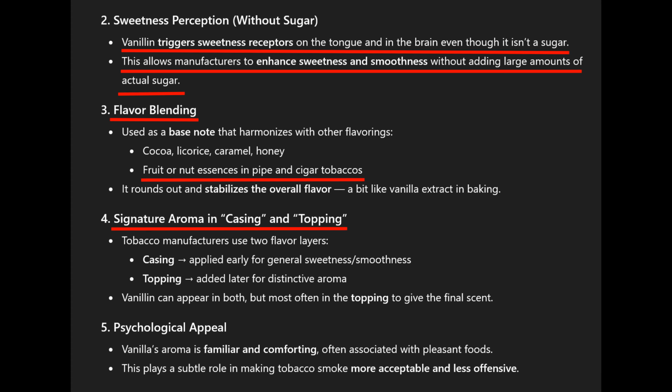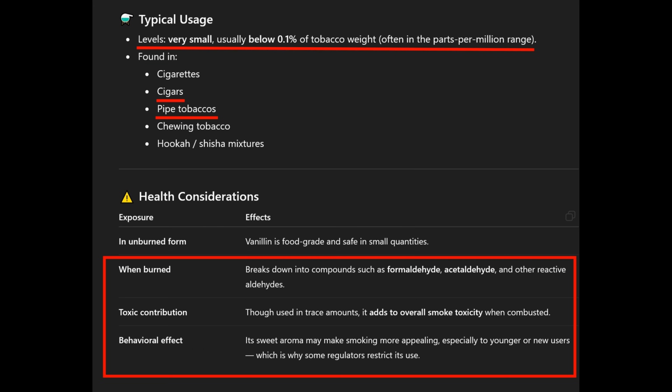So, next we have its typical usage. It says here levels are very small, usually below 0.1%, and is found in cigars and pipe tobacco. Health considerations when burnt, toxic contribution, behavioral effect.